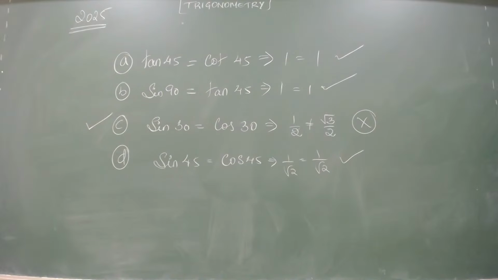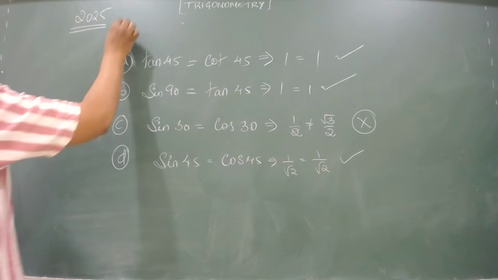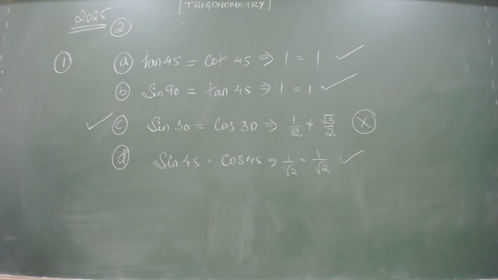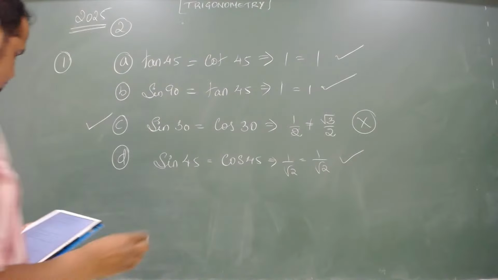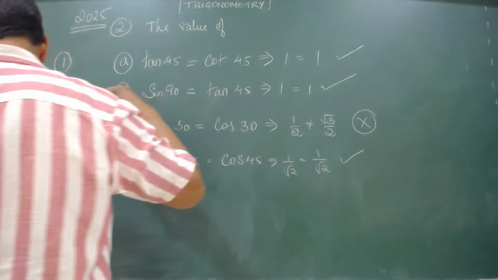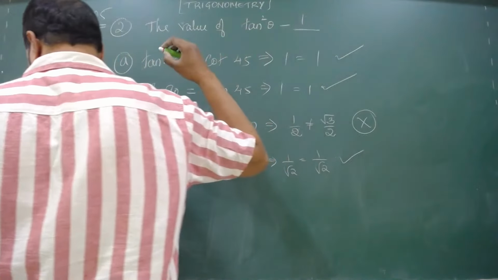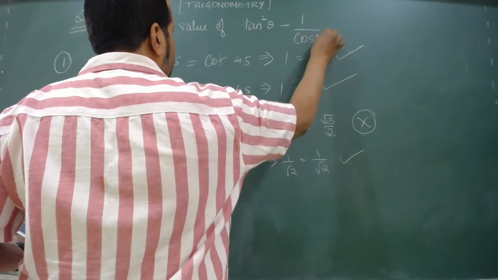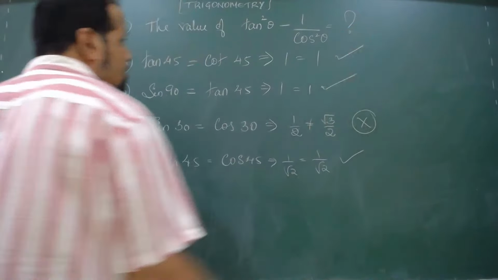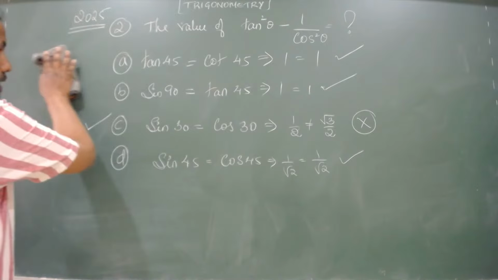Again, let me move on to the next question, second in the row. Again, an MCQ question based on identities. The value of tan square theta plus 1 by cos square theta.